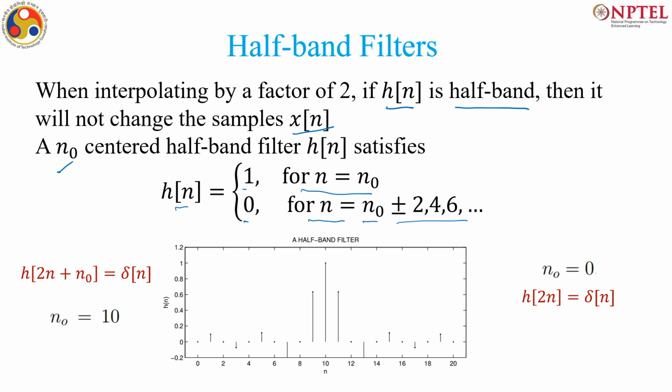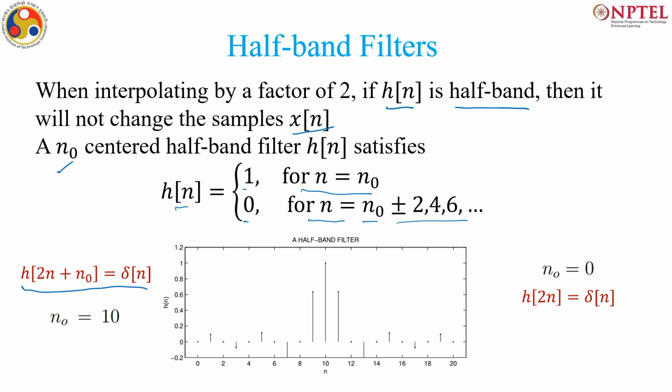Now, this is very similar to the delta function, and this is the relation that h of 2 n plus n naught is delta n, but it does not mean that it is a delta function. This is just for the even values of n. However, you are free to choose any value of h of n for the odd indices.